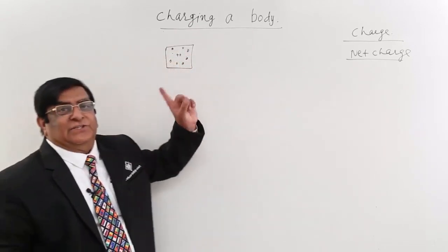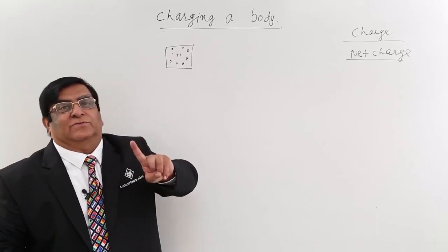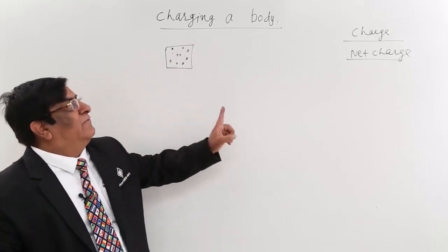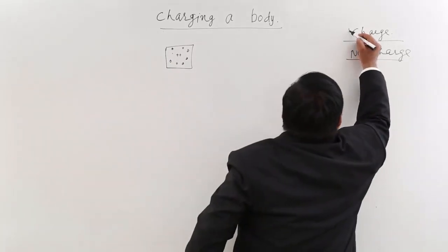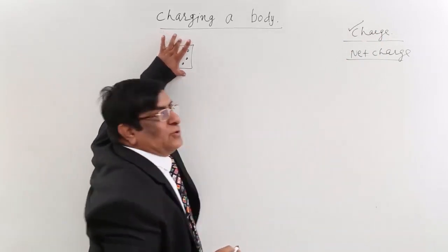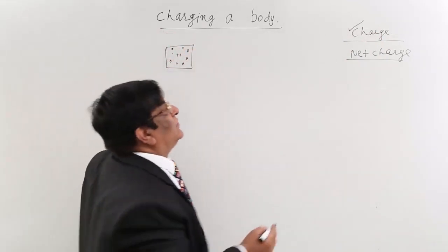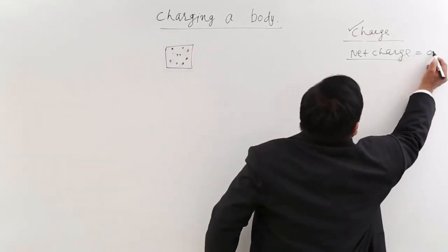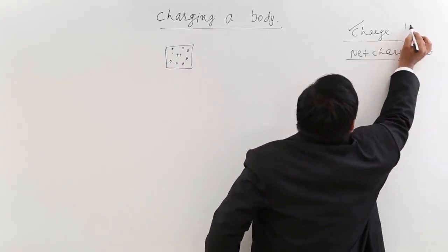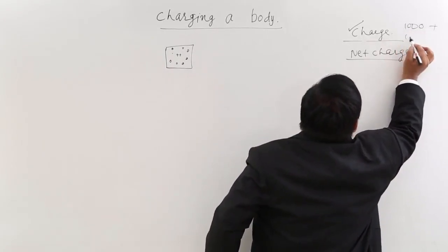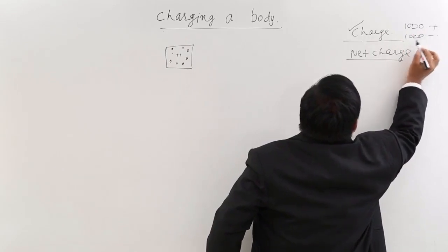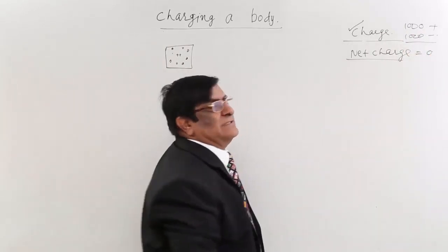It is having charge equal to 2000: 1000 positive charges and 1000 negative charges. But if you make the total of it, it is 0. So its net charge is 0. And its charge is 1000 plus and 1000 minus. But net charge is 0.